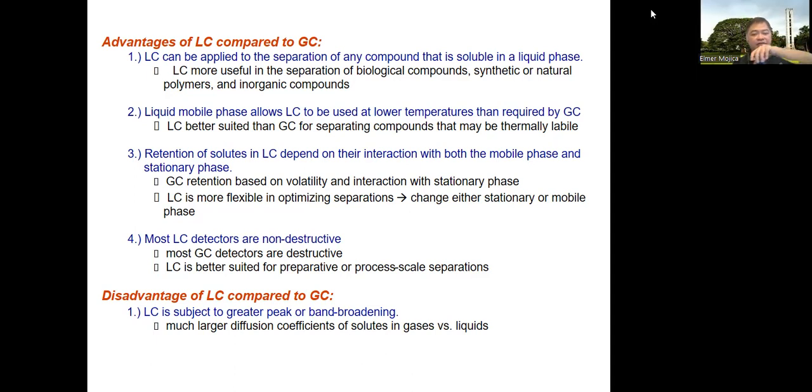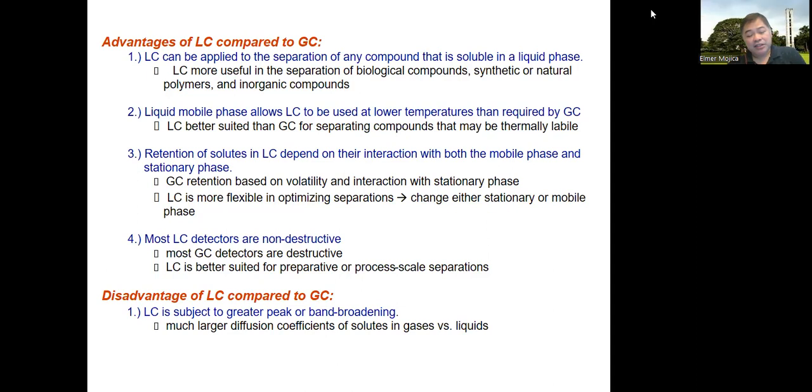Another thing we can look at is that the retention of the solute in LC depends on its interaction with both the mobile phase and the stationary phase. In GC, the basis for separation is volatility and interaction with the stationary phase. They don't usually interact with the mobile phase. The mobile phase of GC is what? Inert gas.